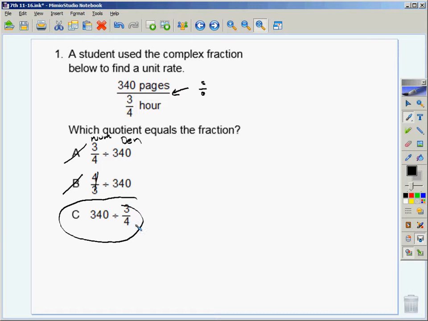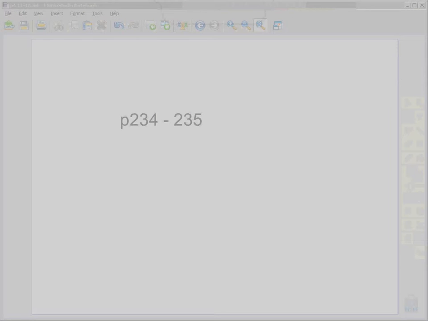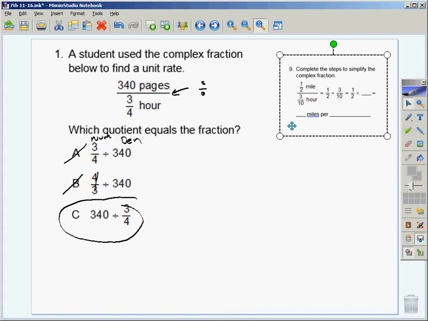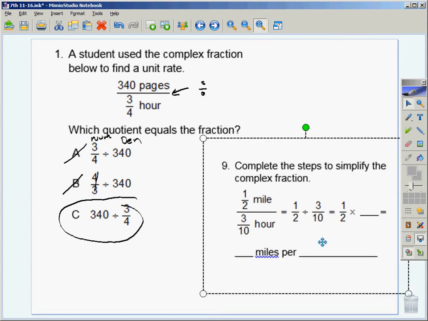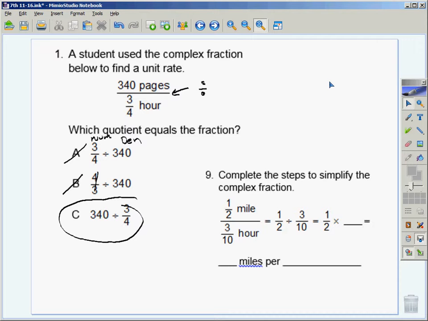By the way, if you'd have looked at the back of your sheet and you looked at number 9, and you'd have compared number 1 to number 9, take a look at what they did. 1/2 divided by 3/10. 340 divided by 3/4.